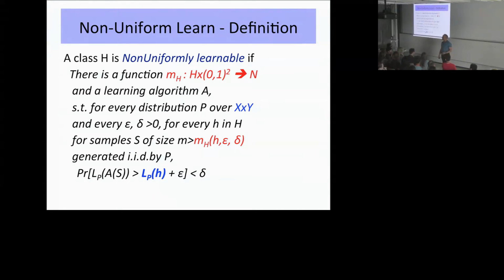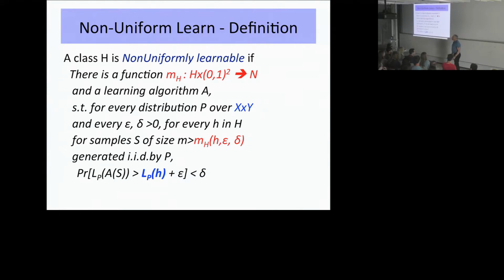So what you're saying is, why make it so complex? Pick the best H, see how many examples you need for the best H, and that will be good for all other H's. Why do I need such a complicated definition? It's a very good question. Does anybody have the answer?